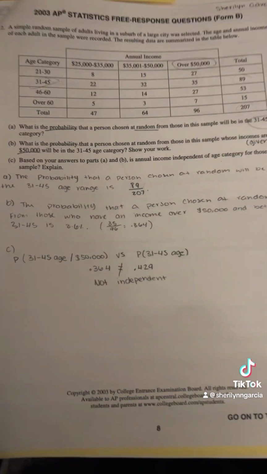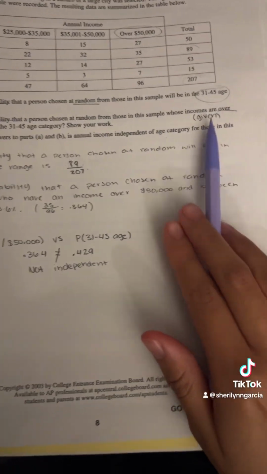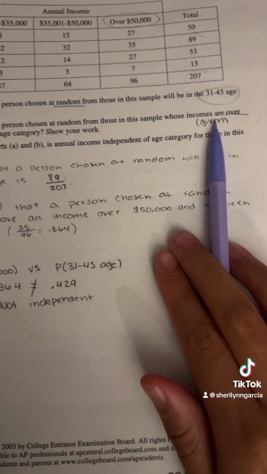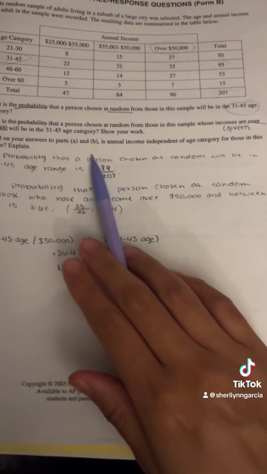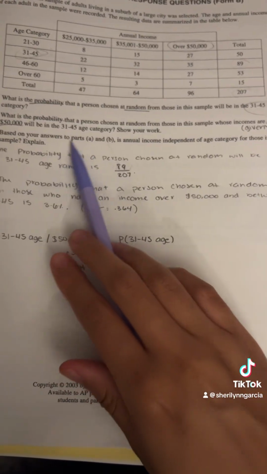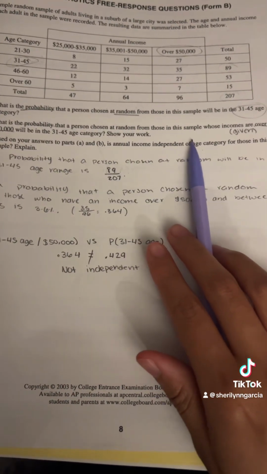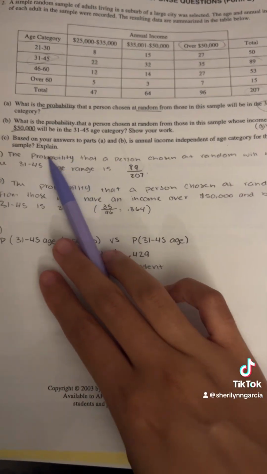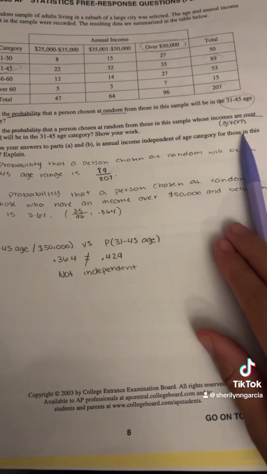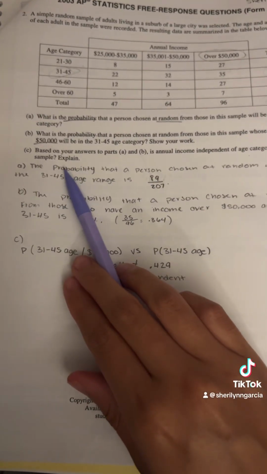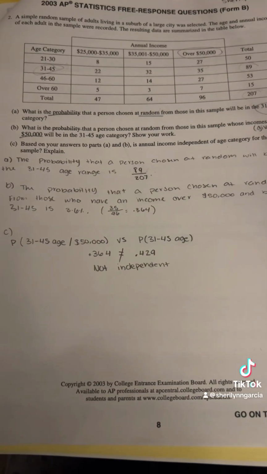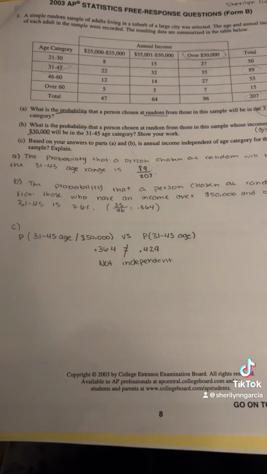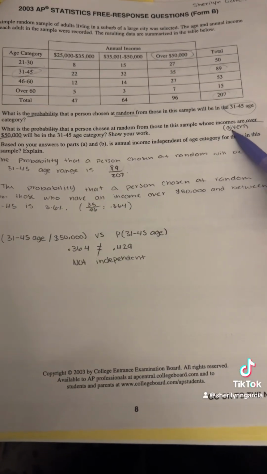But this one is going to be given. How do I know this? Because it says, from those in the sample whose incomes are over 50,000. So we already know that they're going to be over 50,000. That's going to be your given because they told you they're going to be over 50,000. So you have to make a mental note that that's given.